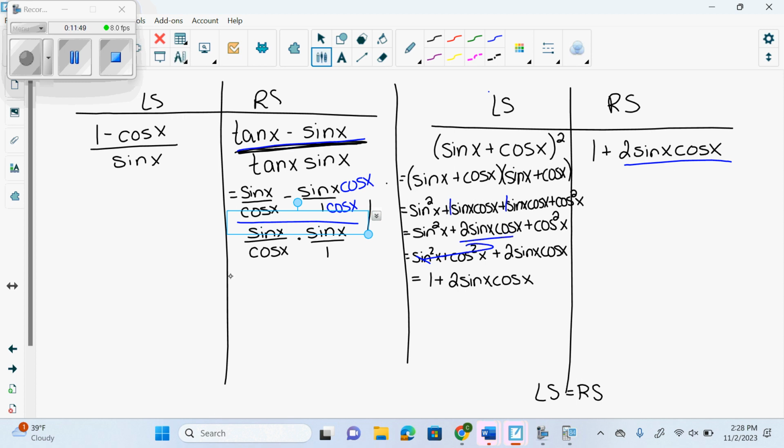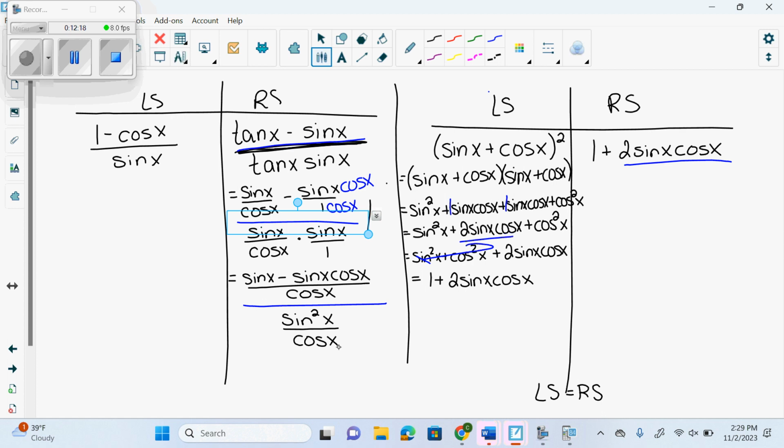So I'm left with sine x minus sine x cos x over cos x divided by, what do I get on the bottom? Sine squared x over cos x because it's multiplication. Now do I have a full fraction over a full fraction?